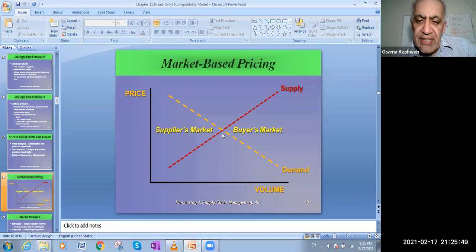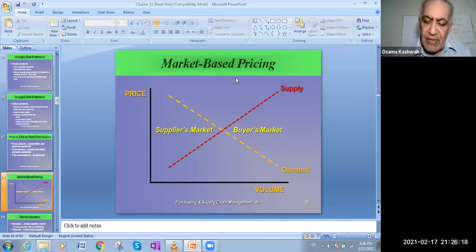When they intersect at a point, here is the quantity or the volume of products, as an example, 10 units, and the price, let's say the price is $20 on this axis. So market-based pricing means the intersection of the supply curve and the demand curve at one point will determine the market-based price.